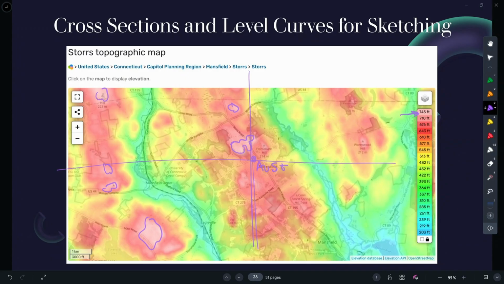And when I take now k is 710, it's going to tell me those cross sections, because then I know what are all the points that are at one same height.